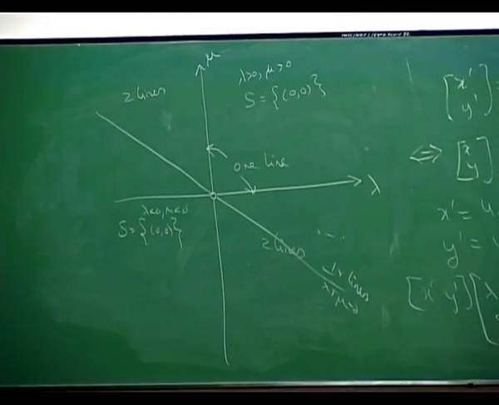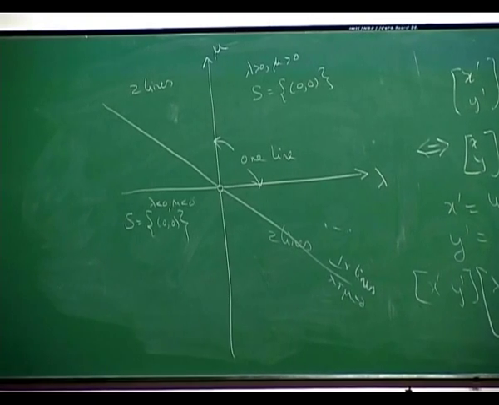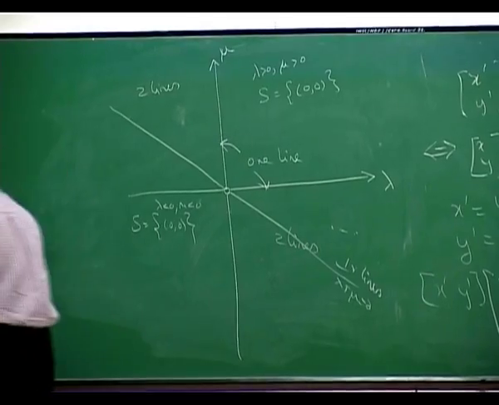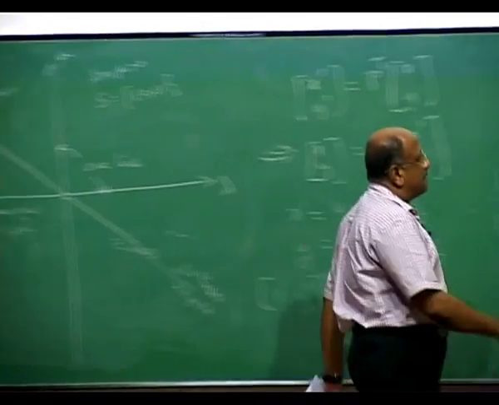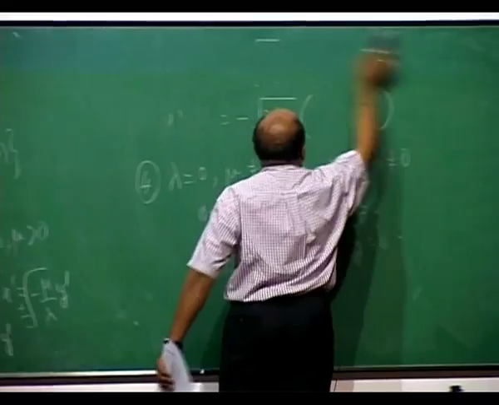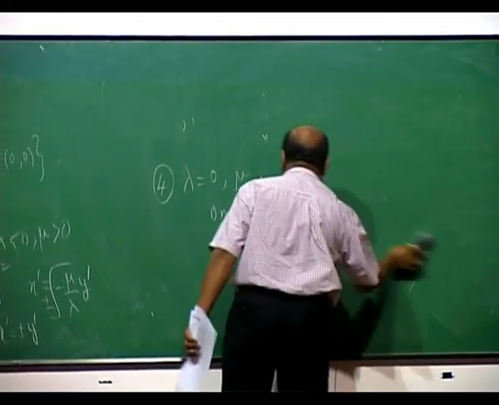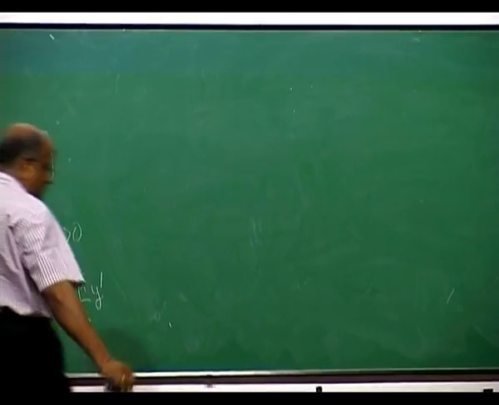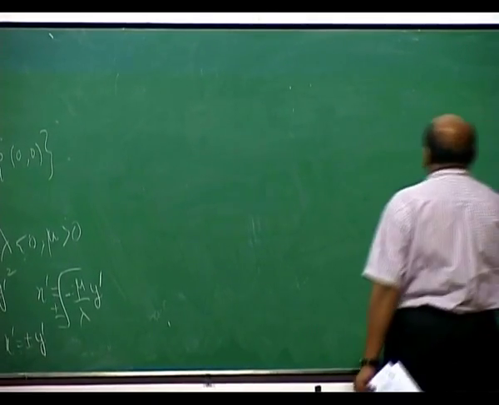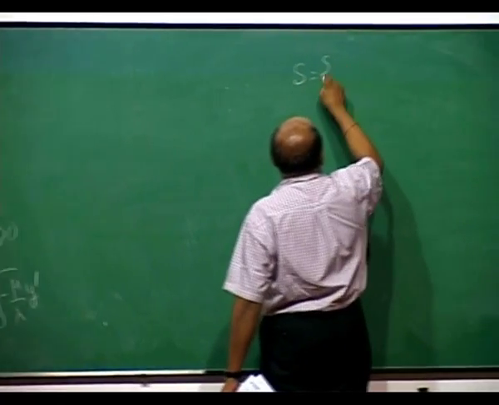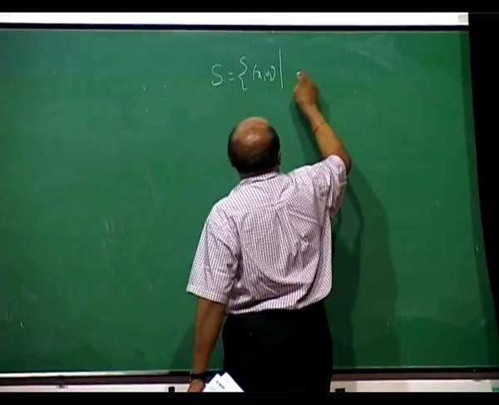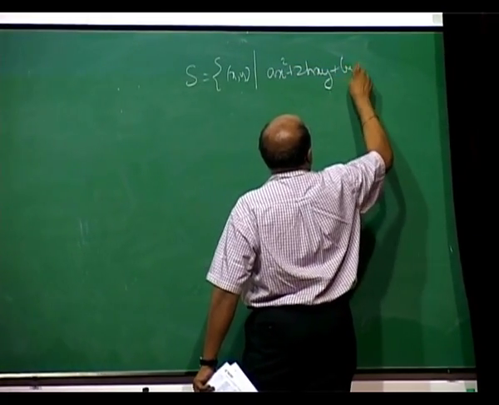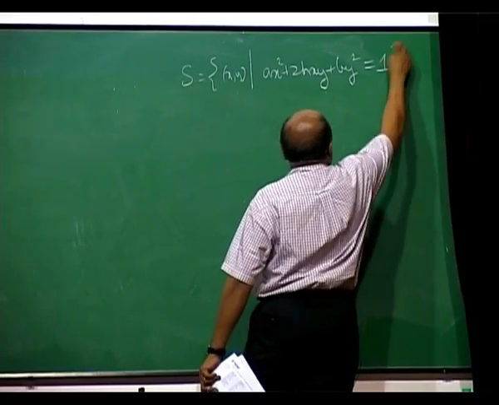So now let us look at a variant of this. S is equal to the set of all x y such that a x square plus 2 h x y plus b y square equal to 1.